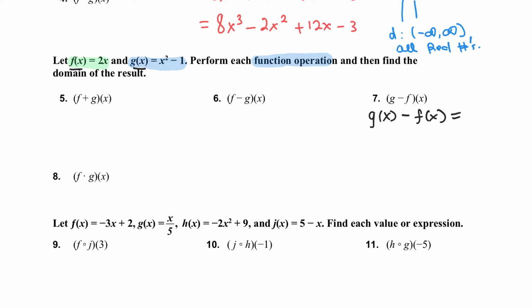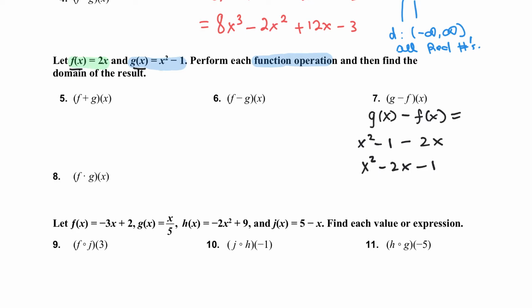For example, g of x is x squared minus 1, so you substitute x squared minus 1. f of x is 2x, so you have minus 2x. And of course, it's not written in the right order, so you're going to say x squared minus 2x minus 1.